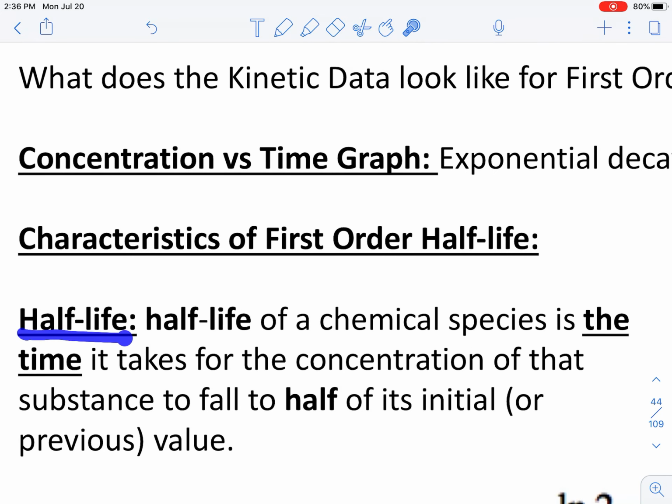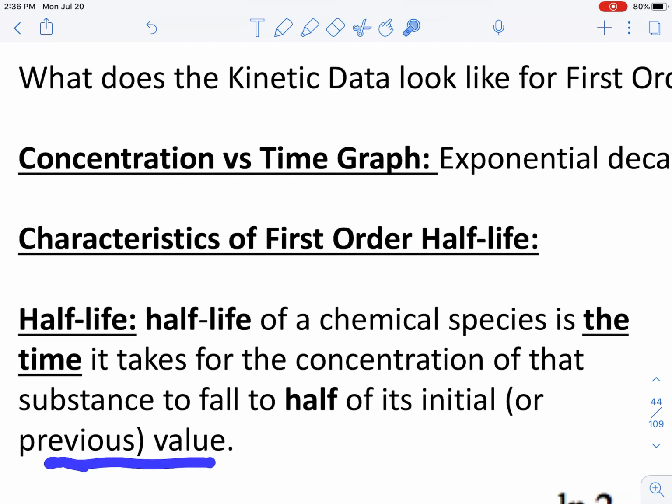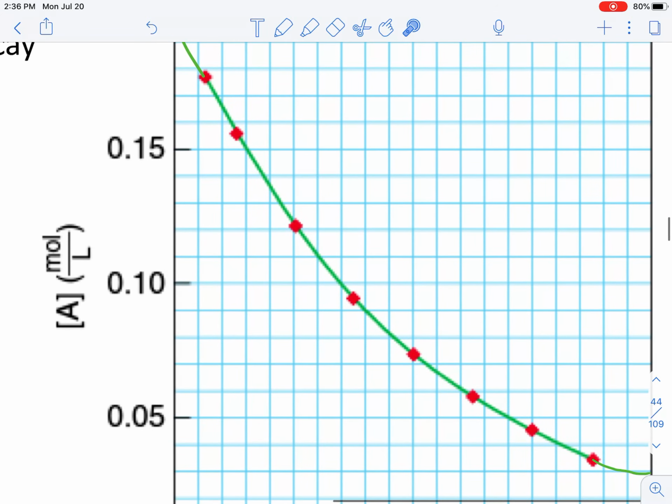A half-life is the time it takes for the concentration of that substance to fall exactly to half of its original value, or previous value if you're talking about consecutive half-lives. All right? So how can we apply this definition of half-lives in terms of a graph?